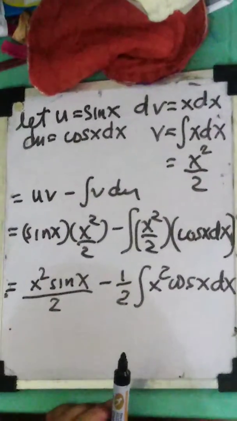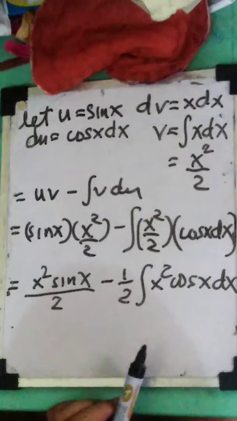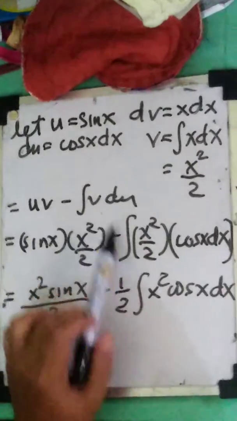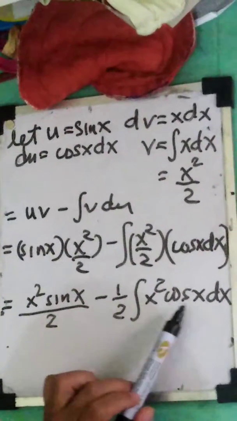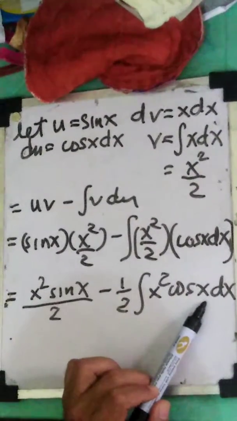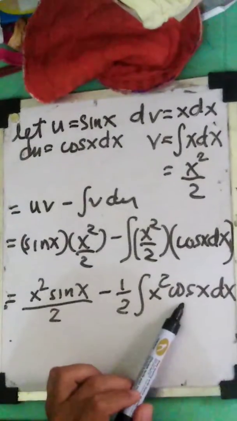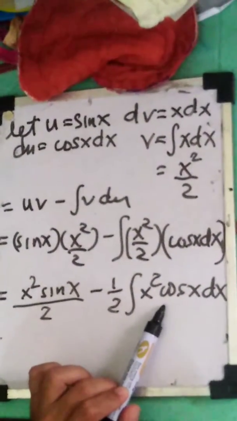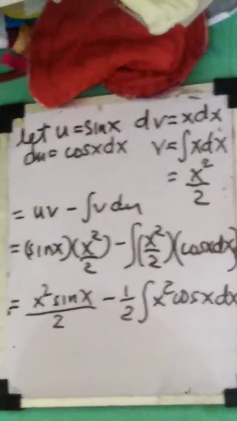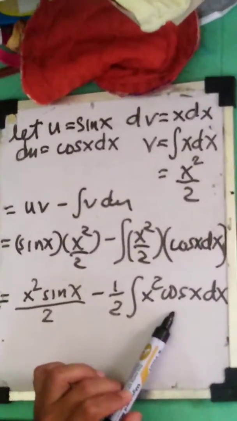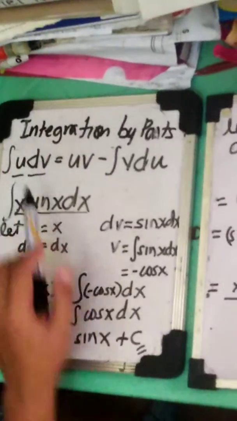Now, let us observe the second term, the integral of v du. As you can see, the integral of v du equals integral of x squared cosine x dx. Now, comparing this to the given integral, which is x sine x dx, the second term is now more complicated than the given integral.